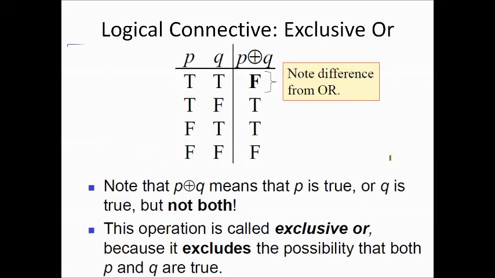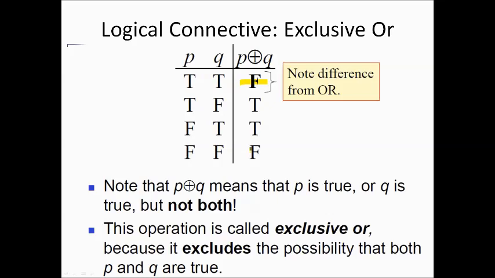So check this out, class, the truth table for the exclusive OR. Let's check the difference between the logical OR and the exclusive OR. As you can see here, if the truth values are both true, then the result is false. But true and false, it will be true. False and true, it will be true.